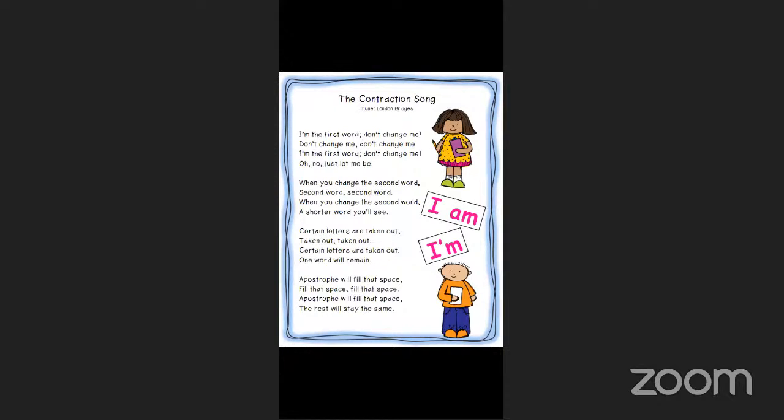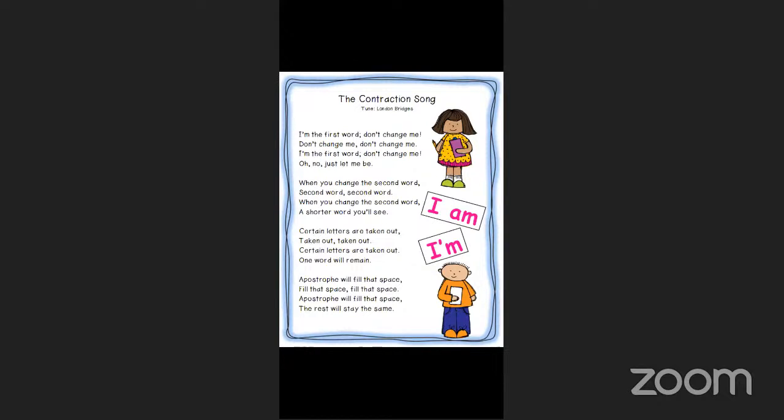When you change the second word, look at the second word, the shorter word you will see. Look at the first word: I am. And the second word is I'm. The shortened form of I am is I'm.